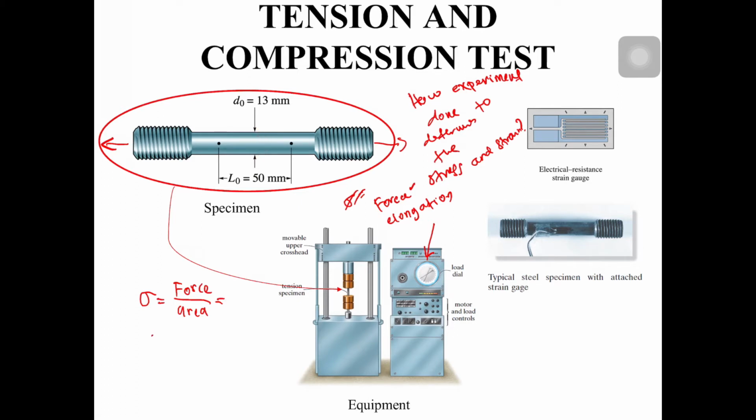And the strain is the elongation over Li, or L naught here. So delta L is measured from here. Delta L and force.